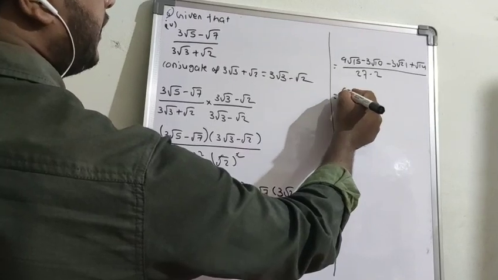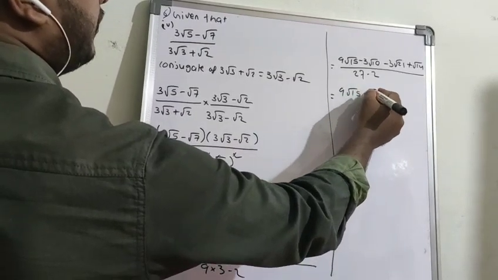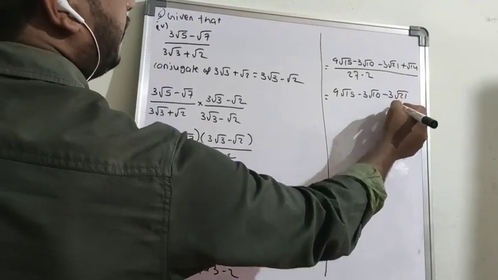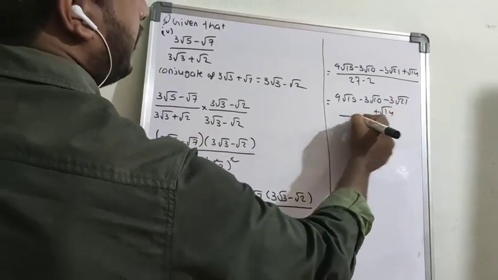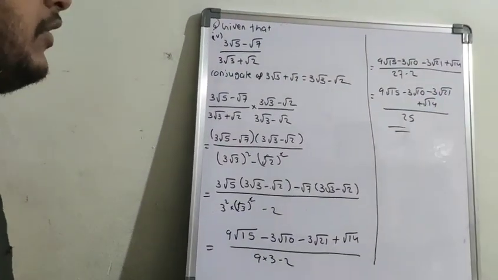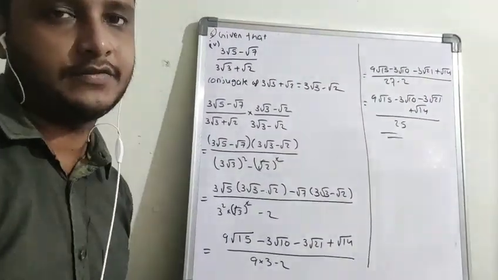So from this, 9 root 15 minus 3 root 10 minus 3 root 21 plus root 14 by 27 minus 2 is 25. So this is the answer. We cannot simplify further, so that is the answer for this question.